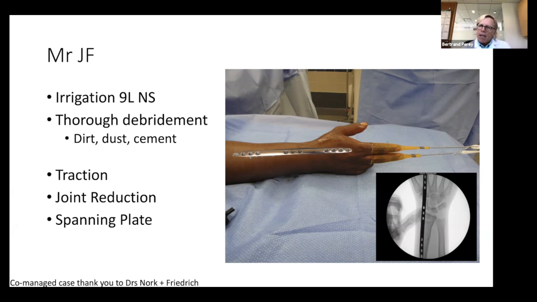So for the people who work in smaller centers and don't have this in their inventory, you can use a plate. The problem is most of the plates we have aren't long enough, and if you use a wrist fusion plate, it's too short. So in a bigger patient you can use a 3.5 plate bridged across it.